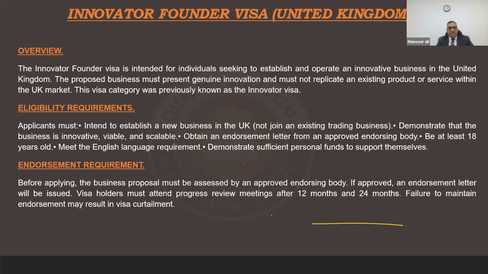If you could not maintain your progress and the endorsement body is not satisfied, it can advise the Home Office to curtail your endorsement or Innovator Founder Visa, and the Home Office can straight away curtail, suspend or revoke your visa. So be careful. After getting the endorsement, the body would stand over you, and they are expecting you to execute the plan that was given at the first stage.